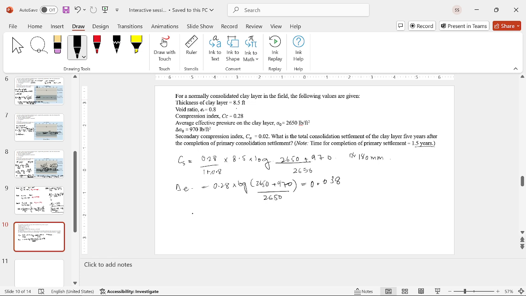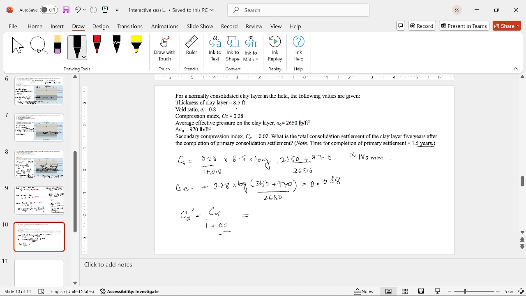Okay, so we know that the secondary consolidation index is given like this.